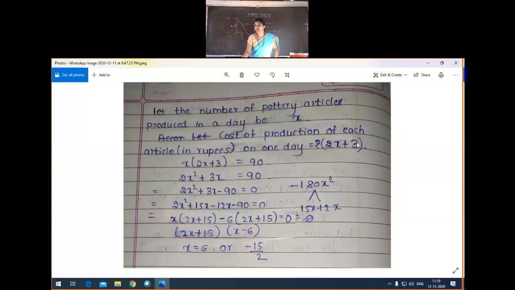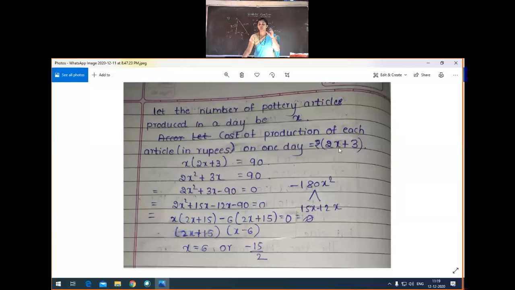So plus 3, twice the number of articles, that is 2 into x. 2x plus 3. So the cost of production of each article on one day is equal to 2x plus 3.